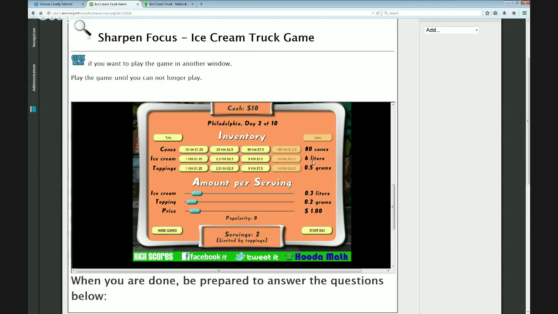I'm not going to buy any more ice cream, because they said the popularity is going to be the same. 0.5 grams, we had bought 1.25, so I will buy more of this. 80 cones, they've only sold 10, so we're good. I'm going to bump up the cost a little bit, and I'm going to bump this up a little bit too. There we go. Start the day.